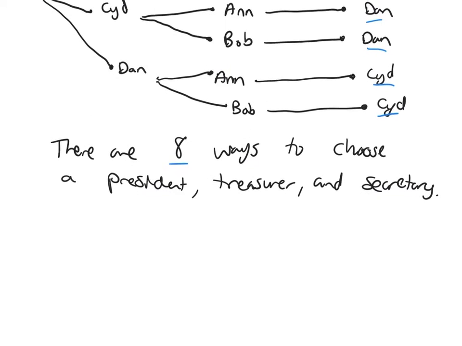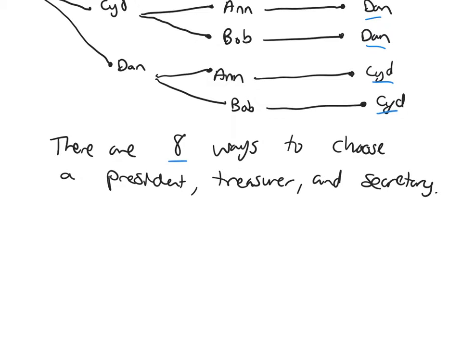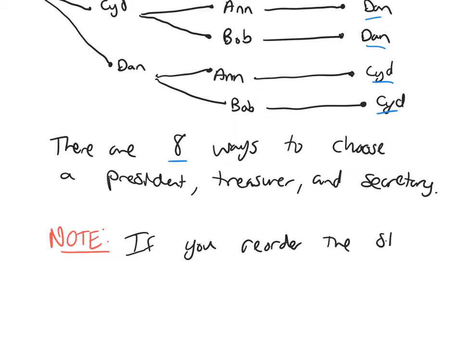I do want to make one final note about this problem, which is that if you reorder the steps, you can use the multiplication rule.